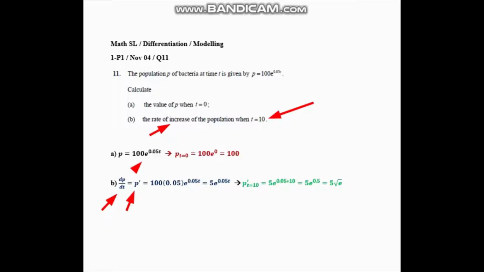This is a simple chain rule differentiation. You should refer to chain rule videos if you don't know how to do this. So the answer is 5e to the power 0.05 t. Next, I need to plug in 10 instead of t, so I get 5e to the power of 0.05 times 10, which is 5e to the power of half, or 5 root e.